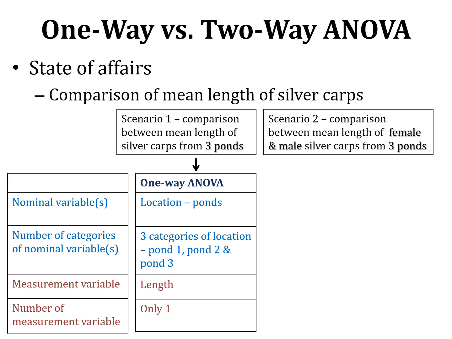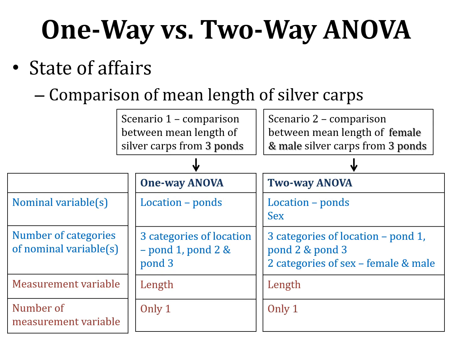Now scenario number 2 is the comparison between mean length of female and male silver carps from 3 ponds. In this case we are going to use two-way ANOVA. Why? Because we have 2 nominal variables. One nominal variable is their location, which are different ponds, and the other nominal variable is sex.